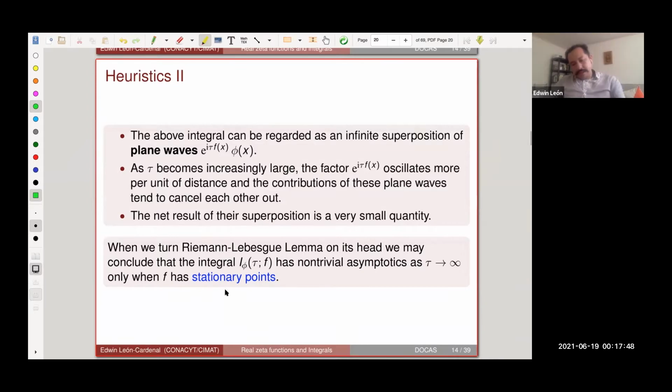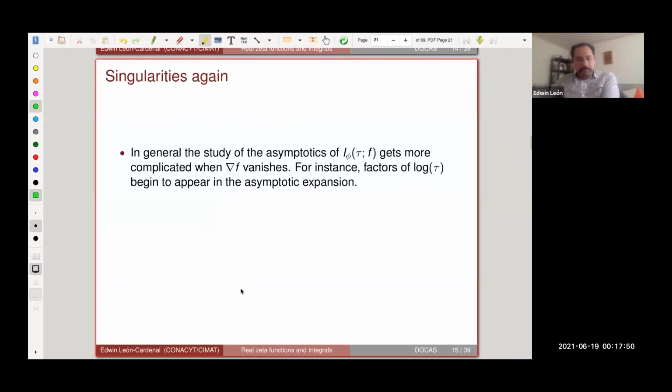Okay, and of course, if we assume that the gradient of the function vanishes, there will be some issues.